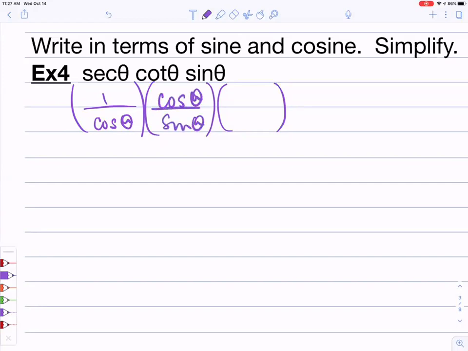What about the third one? Yeah, it's already, or sine over 1, either one. What happens? Yeah, sines and cosines both cancel out. And what's left? 1. Well, that was a lot of work for just a 1.